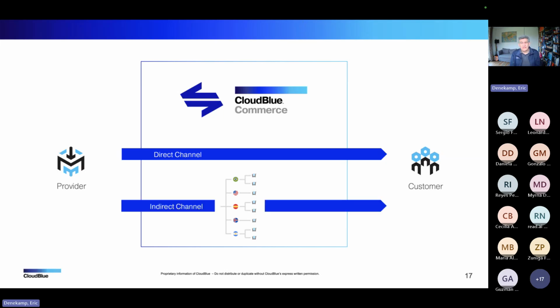Another option would be indirect sales. Indirect sales could also mean a setup like you have, where the platform is in one country, let's say Colombia or in Argentina. As far as I know, those are at least two of your platforms in South America. And then there are countries on top of that platform as a reseller. We also consider that indirect channel, even though they are within the same company. For us, it's an indirect channel, meaning that there is, from a hierarchy perspective, a reseller in between.